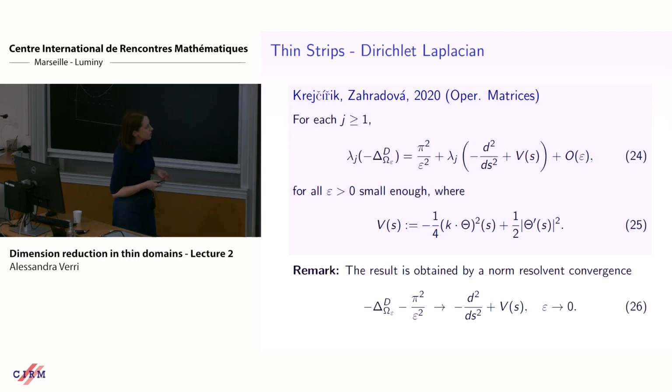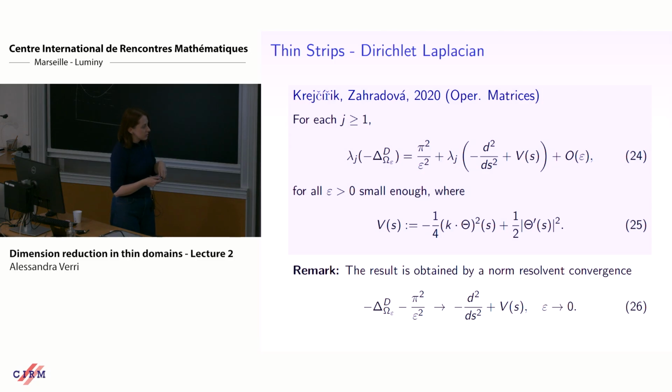So as a consequence, we have this asymptotic behavior. From it, we can make some remarks. For example, if you have a strip purely twisted, this term doesn't exist in the expression. Then we have a repulsive potential, so we don't have discrete eigenvalues.